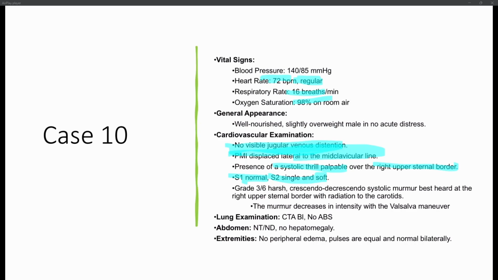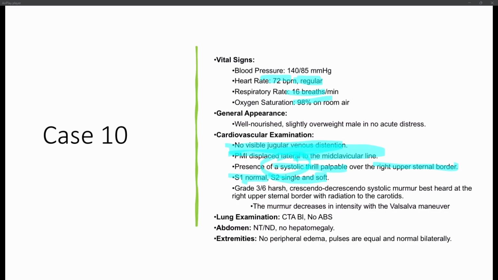Remember, when you have a wide valve and it's fine, coming together is going to make a nice sound. But when you have them stenosed, it's quieter, because it's a smaller area to make a sound. That's why S2 is soft, because of aortic stenosis.